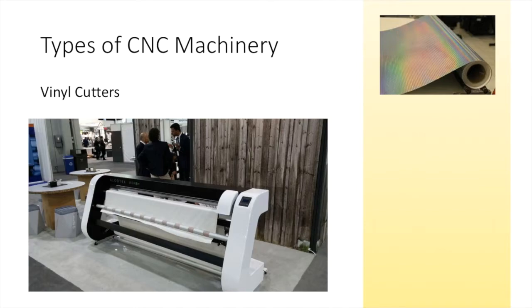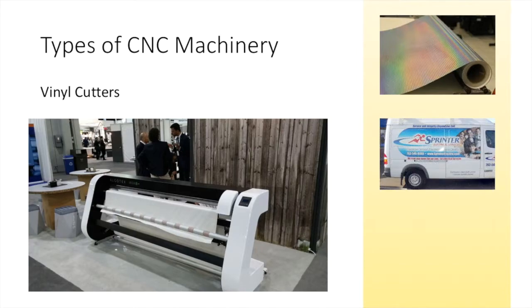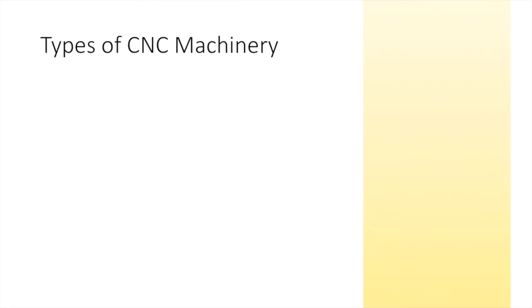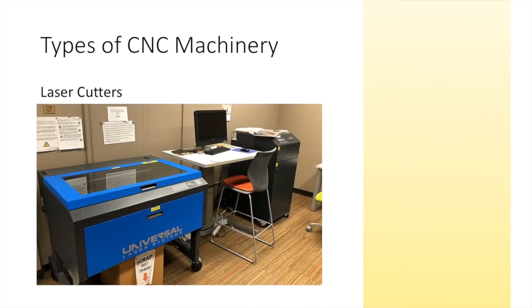So for example, if you were cutting flat stickers, a vinyl cutter is perfect. Vinyl cutters can also print onto the vinyl and then cut around the shape. They also just print on normal reels that are sticky back, for example, like these little sticky dots. So another type is a laser cutter. Laser cutters work in two dimensions.